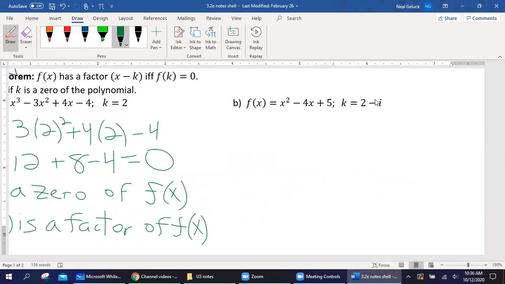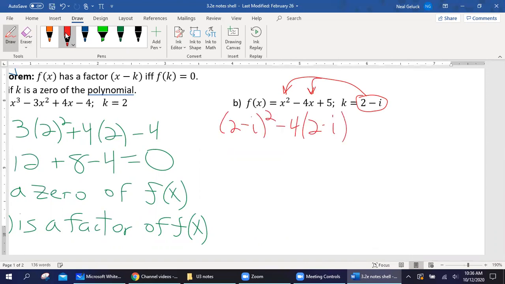For letter B, unfortunately, I've got to throw in a weird complex number with an i in there. So this would be 2 minus i squared minus 4 times 2 minus i plus 5.